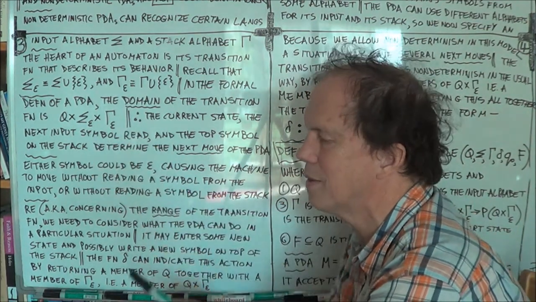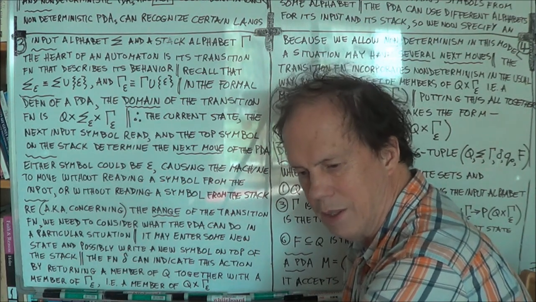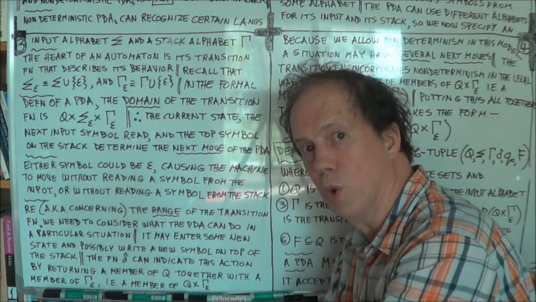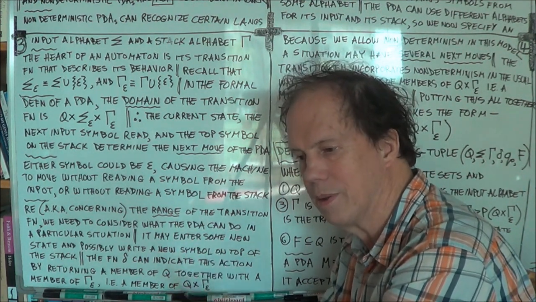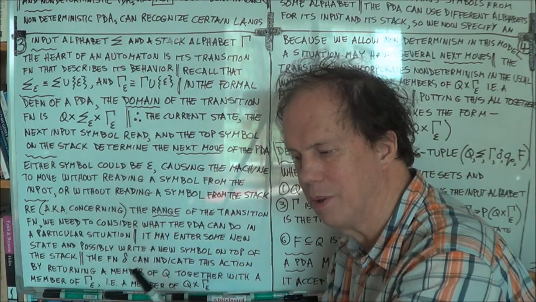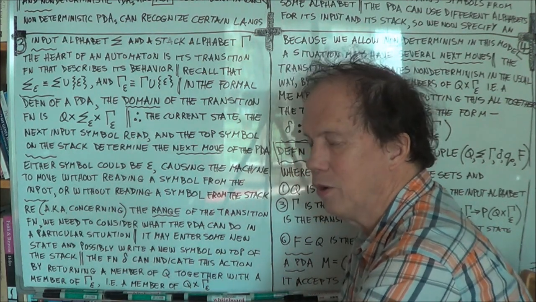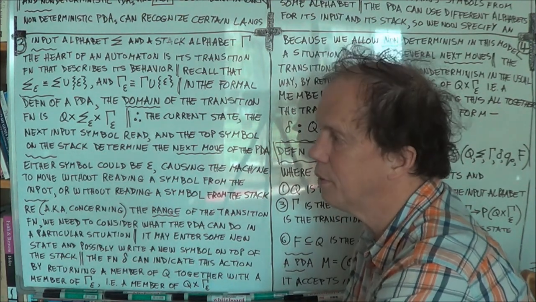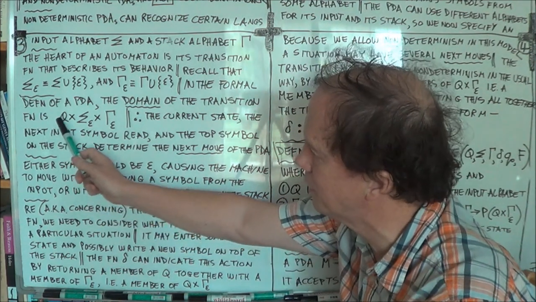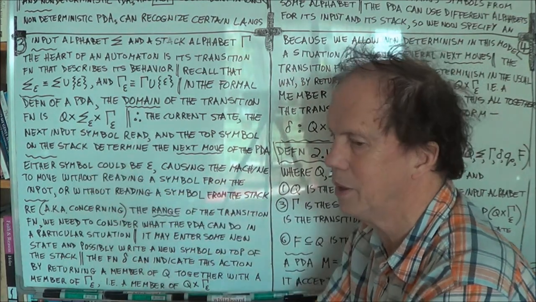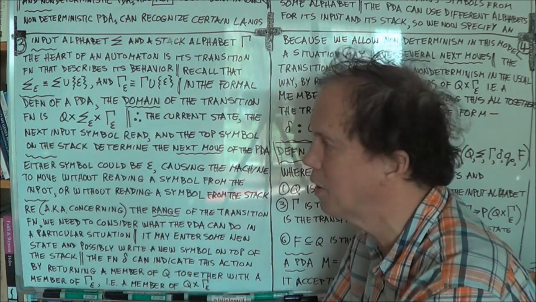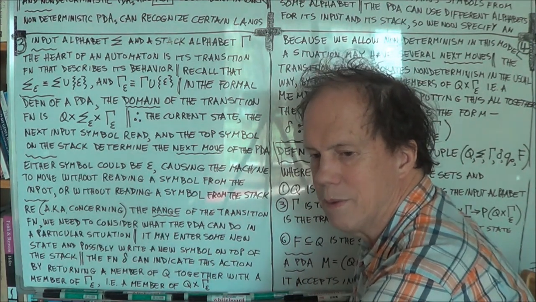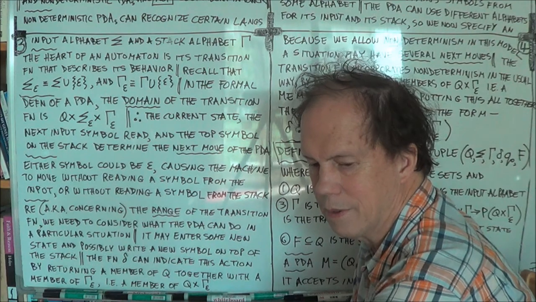An element of that Cartesian product will be an ordered triple, like number 1, comma, number 2, comma, number 3, where the order is important. For that ordered triple, the first will be a state, the second will be an input symbol in your input string, and the third will be a symbol at the top of the stack.